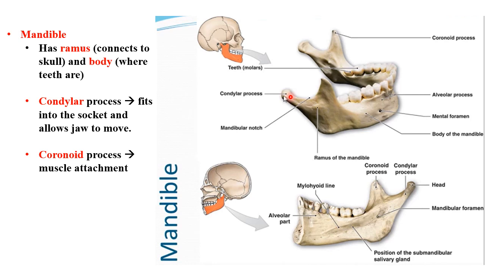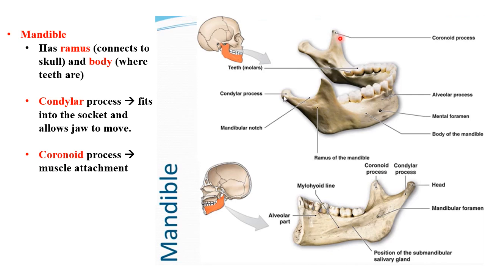And besides this condylar process, a process is something that bulges out of the bone, right? So besides this one that attaches the bone to the rest of the head, there is another process right there. This one here is called the coronoid process. So there are two of them. These are the coronoid processes, but those are not really attaching to other bones.